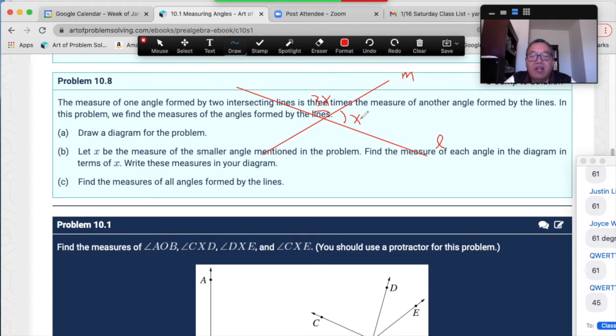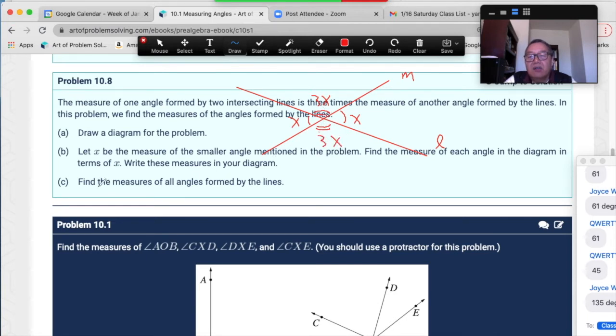I use this x to represent the smaller angle. Then find the measure of each angle in the diagram in terms of x. Write these measures in your diagram. You can know this angle also equals x. This also equals 3x, right?